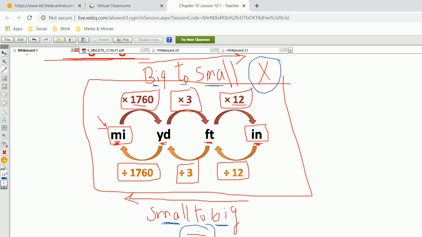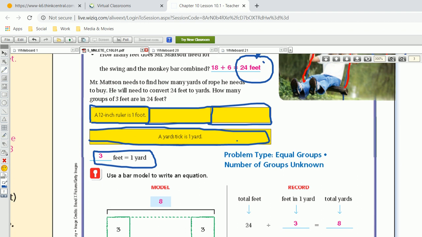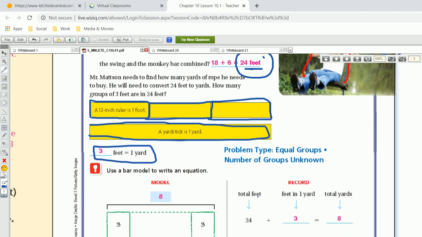Now we want to convert the 24 feet that Mr. Matson needs into yards, to ask the store to give me this number.